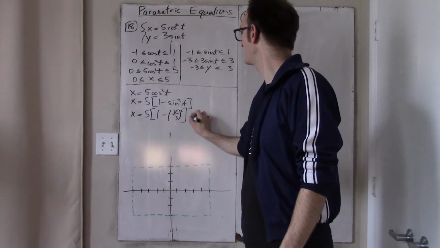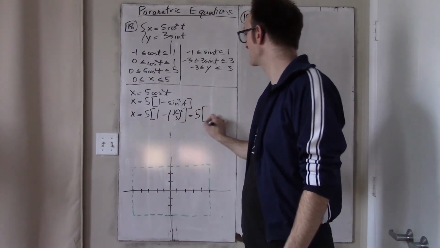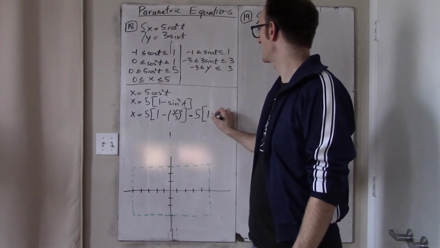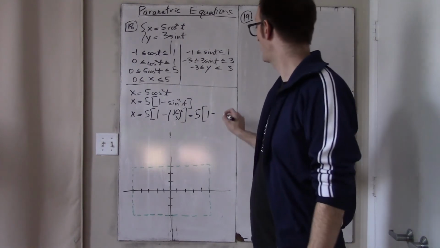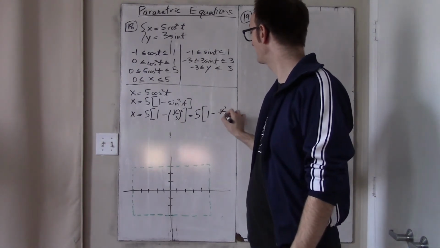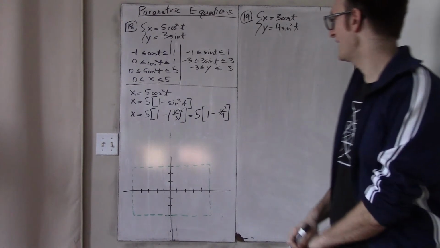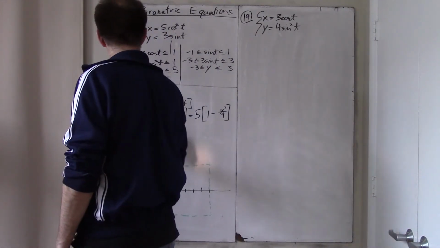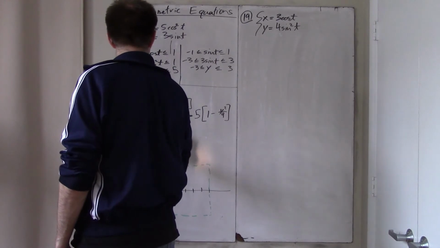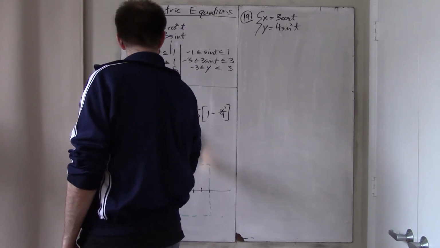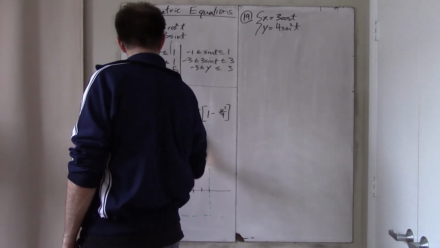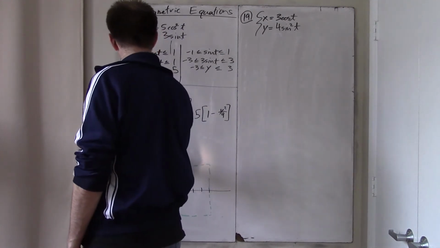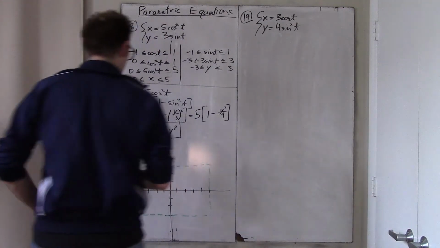This can be rewritten as 5 times 1 minus y squared over 9. So distributing the 5 through, what I really get is that x is 5 minus 5/9 y squared.